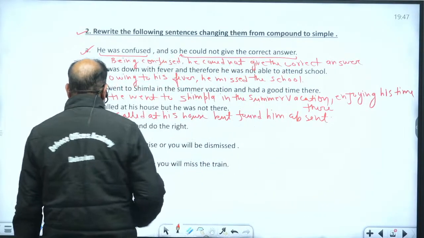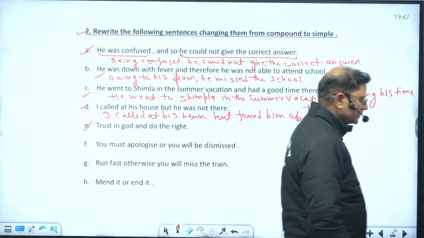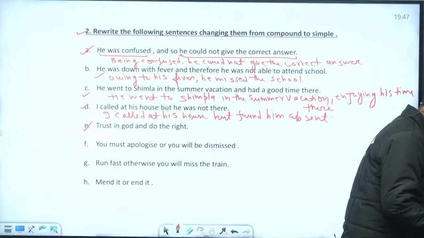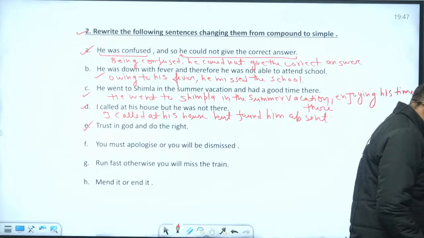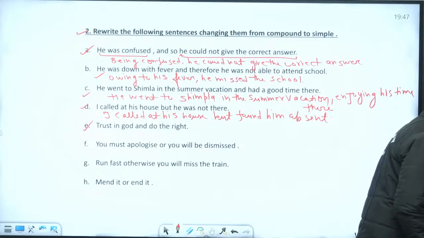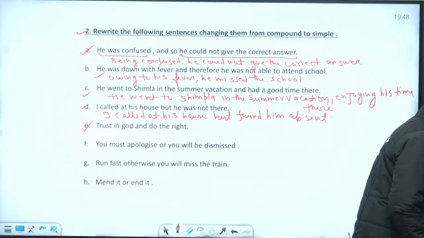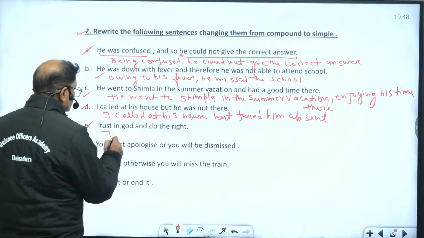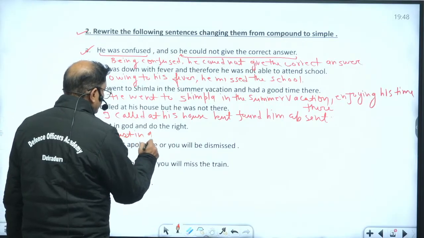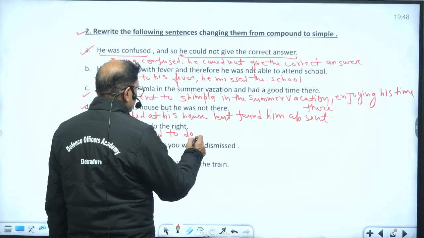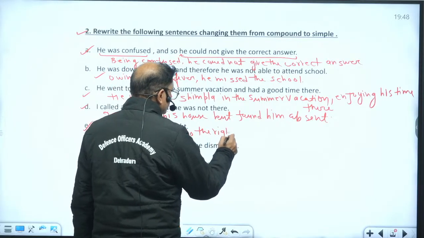Number E, trust in God and do the right. Trust in God to do the right thing.